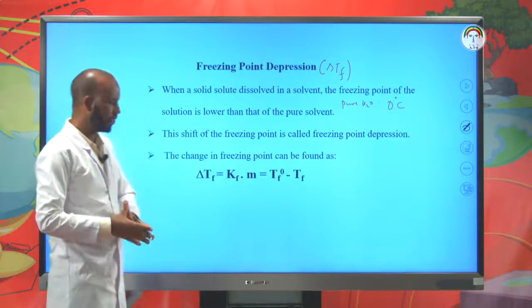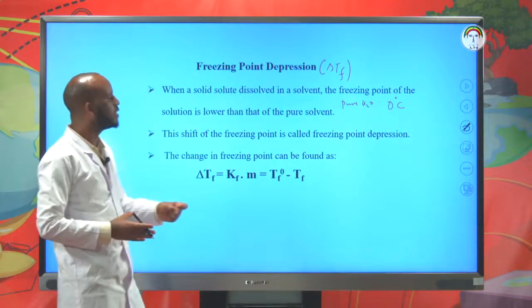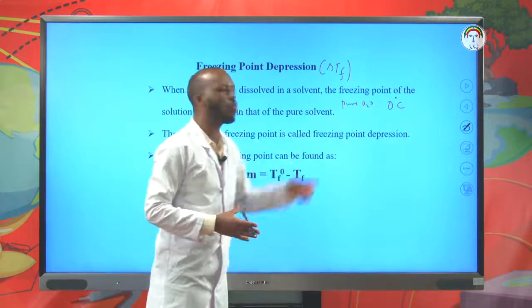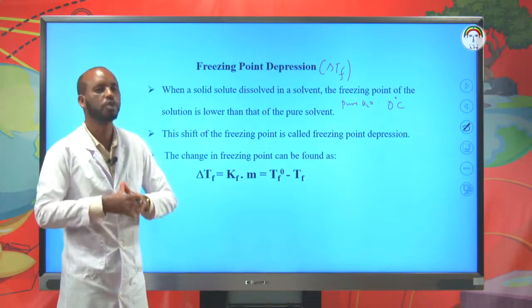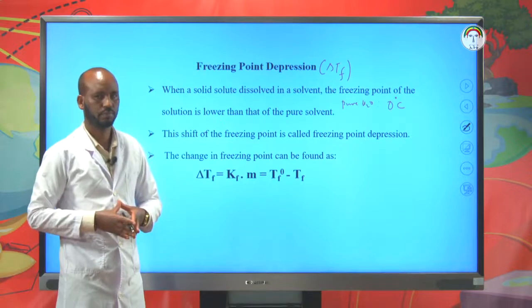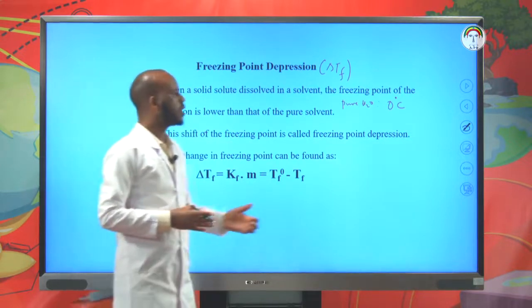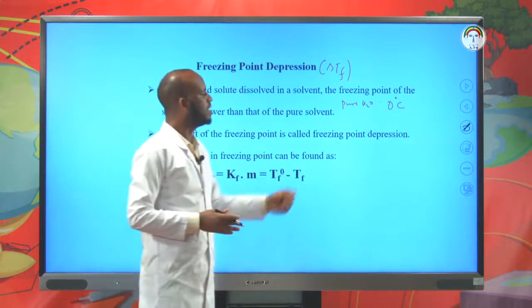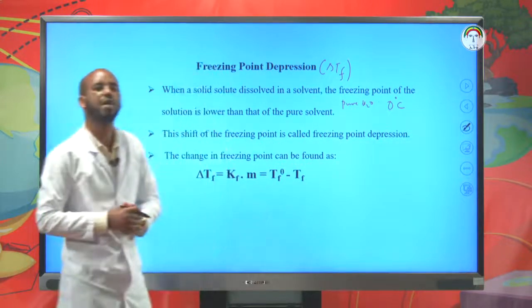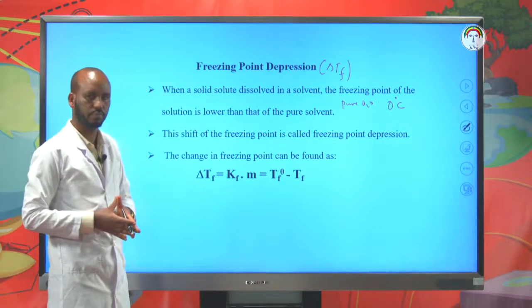But if a solute dissolves in this water, the freezing point of the solution is depressed. Therefore, freezing point of the solution is less than freezing point of pure solvent.